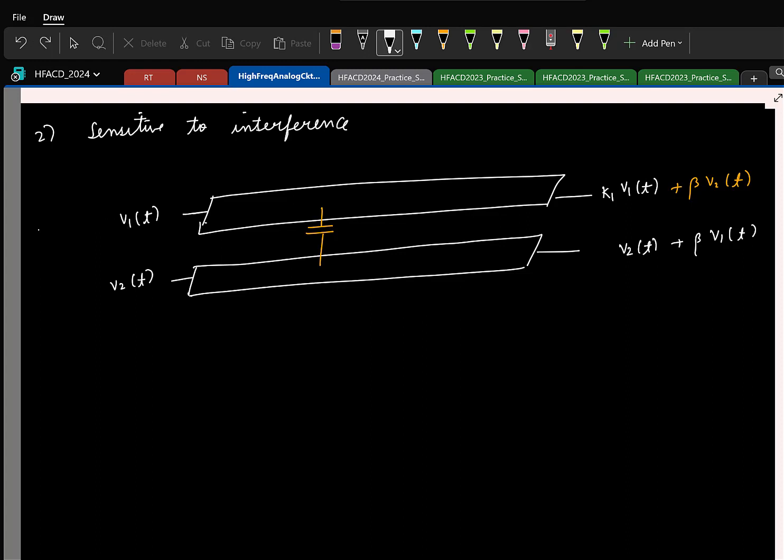I don't know, something like this. And here let us say you happen to route a clock like this. So the rising edges of the clock or the falling edges of the clock will basically get coupled to it. So we will have something like this, right?